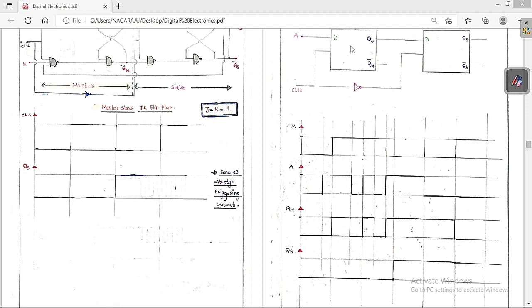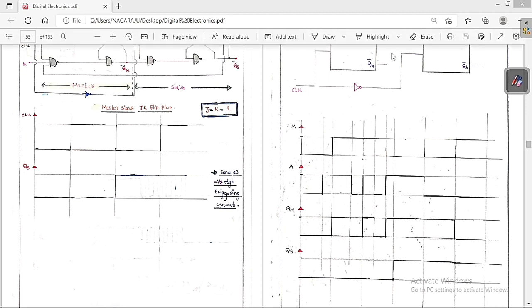So for the master flip flop, whenever the clock is high, whatever the input, same thing we are going to get across the QM. If clock is equal to 0, it is going to be in a memory state, so whatever the previous output, it is going to be present in the same state. Similarly for the slave flip flop, whenever the clock is 0, it is in the active mode, so whatever the input be, it will be the same across the QS.